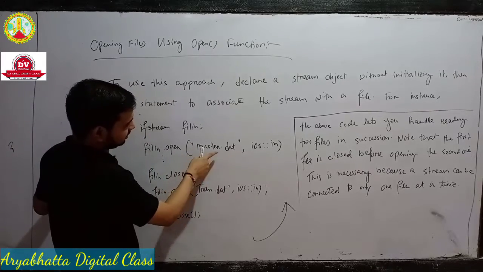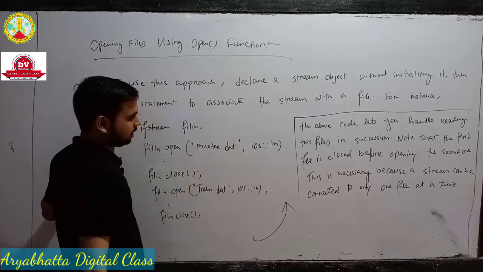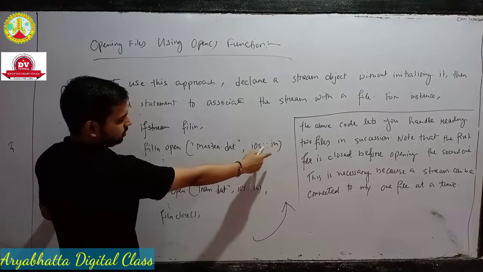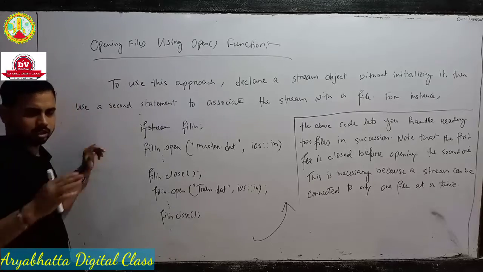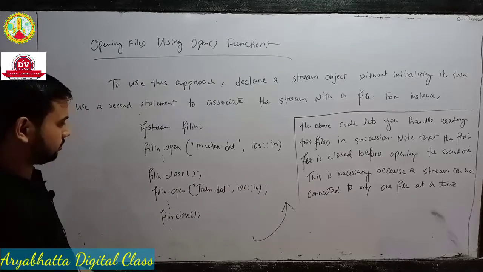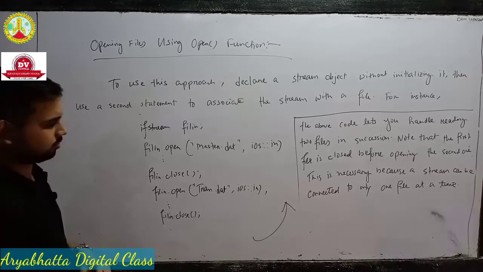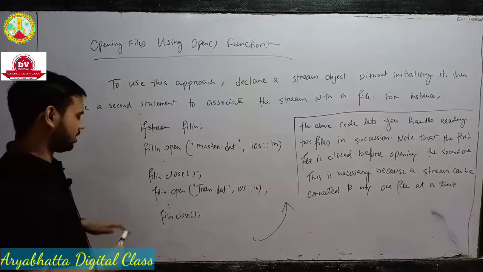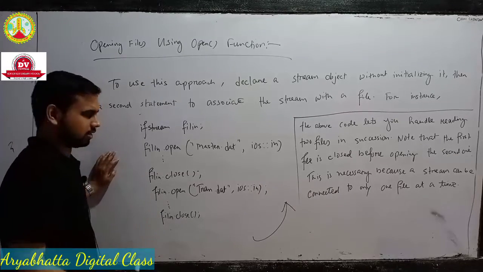This file name is master.dat, a data file, right? And we have to use the file mode. I will give you a table after that. There are some file modes, ios in, ios out.